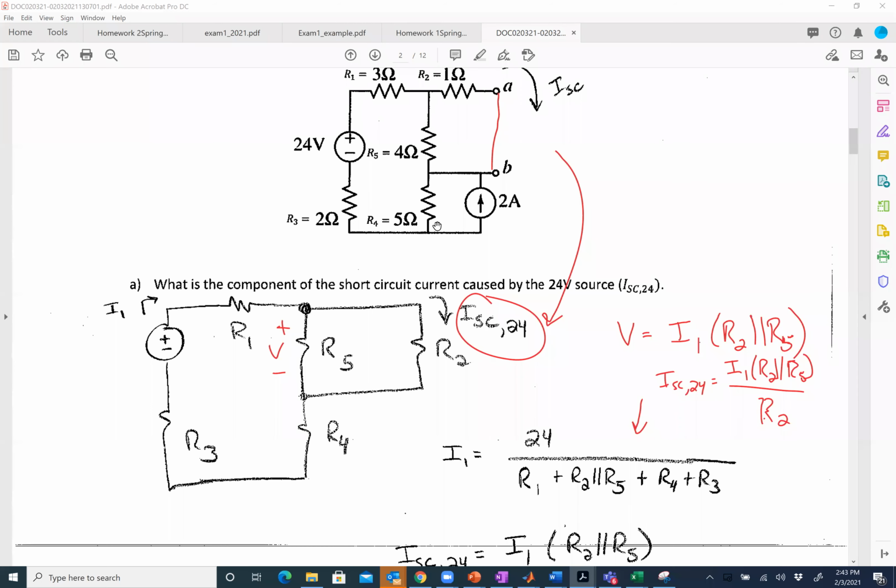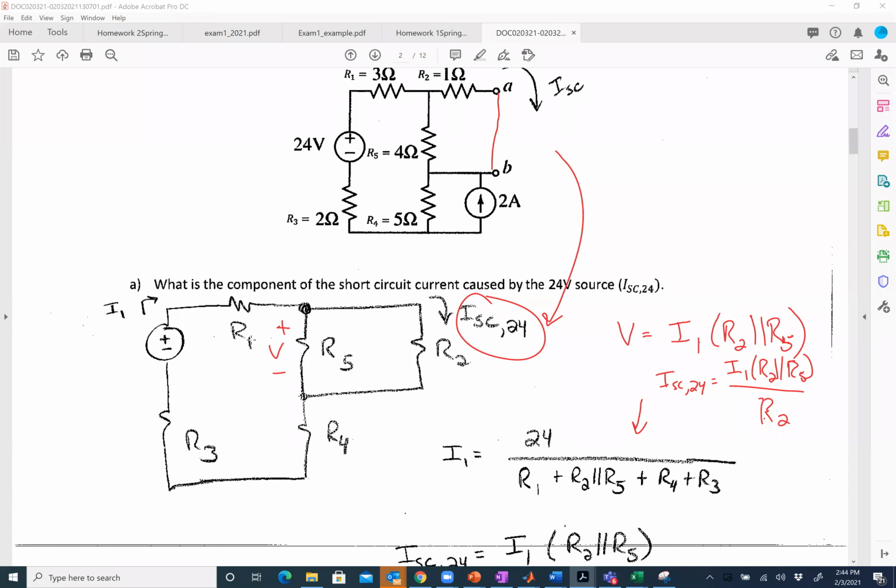There's a KCL that's happening at that node. But if the 2 amp source was there, R3 and R1 would be in series. R3 and R1 are always in series, no matter what I do to the circuit, because they are literally seeing the same current.